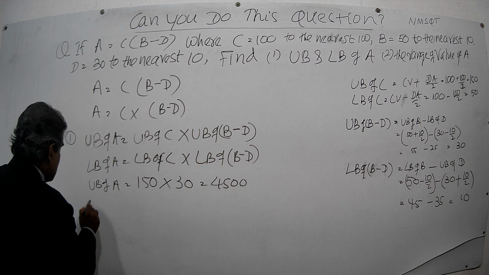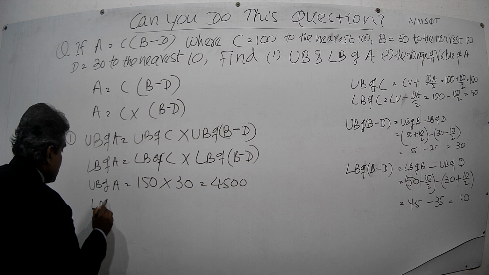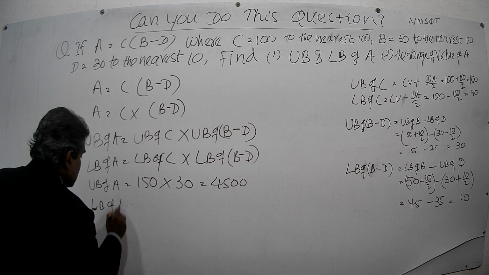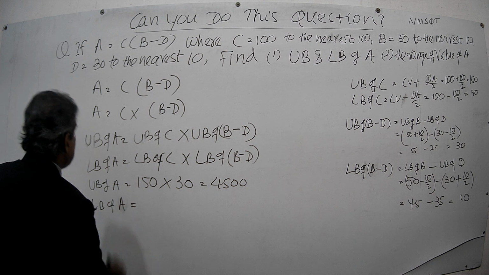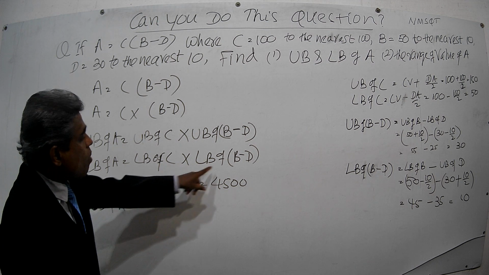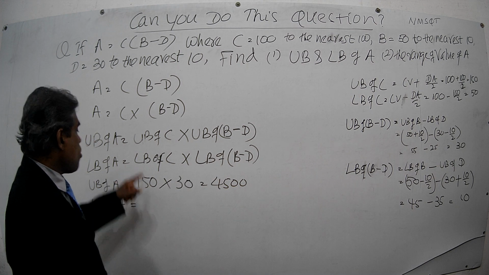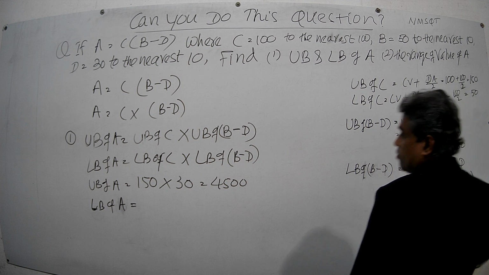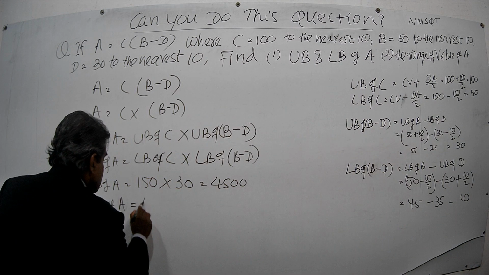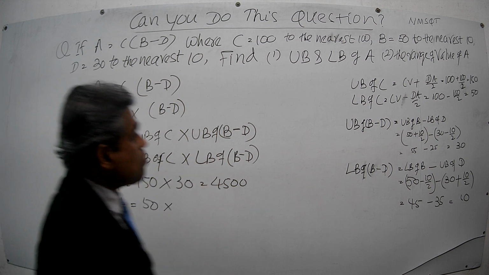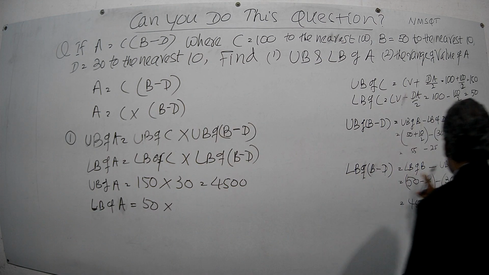The lower bound of A is the different product. Lower bound of A equals lower bound of C into lower bound of B minus D. Then we have the lower bound of C. What is the lower bound of C? 50. Then lower bound of B minus D is here how much? 10.